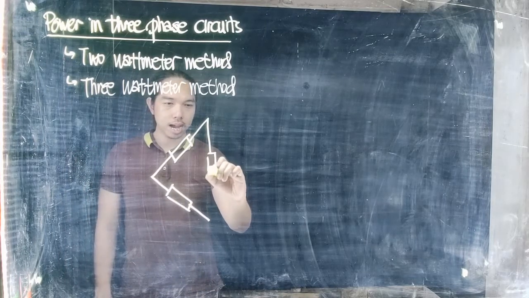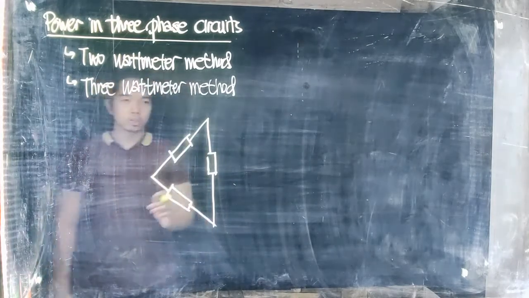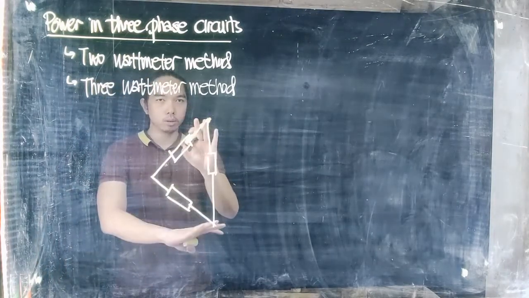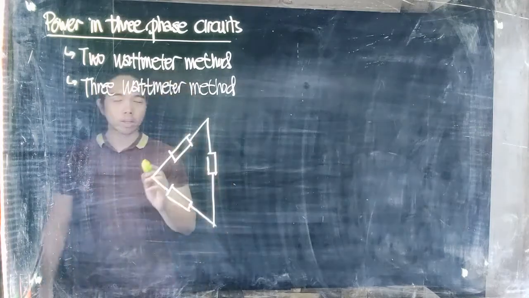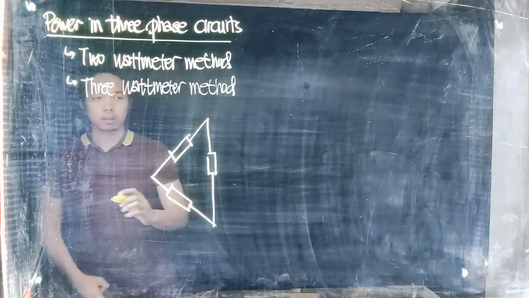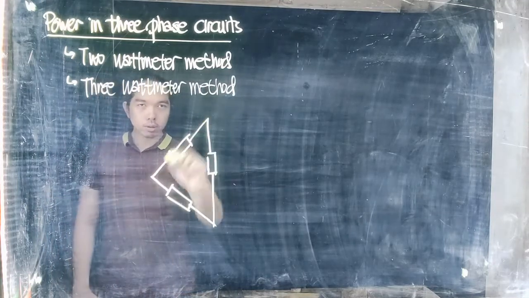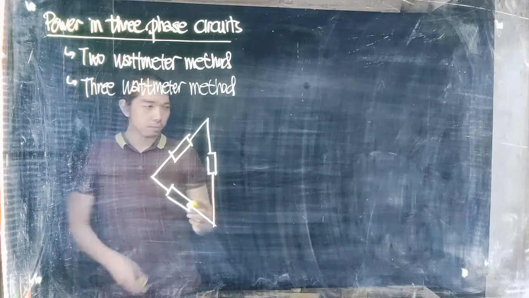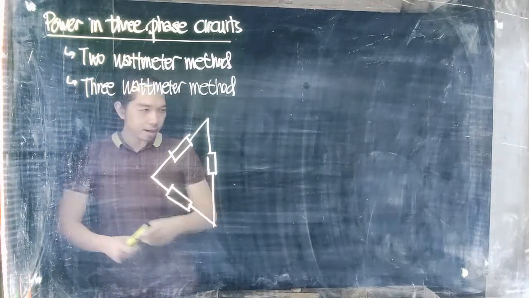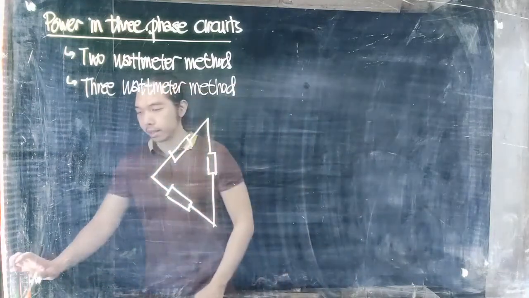So we have here a delta connected load, and we need to measure the power in this phase. We can measure the power using the wattmeter, suppose it is interconnected like this.